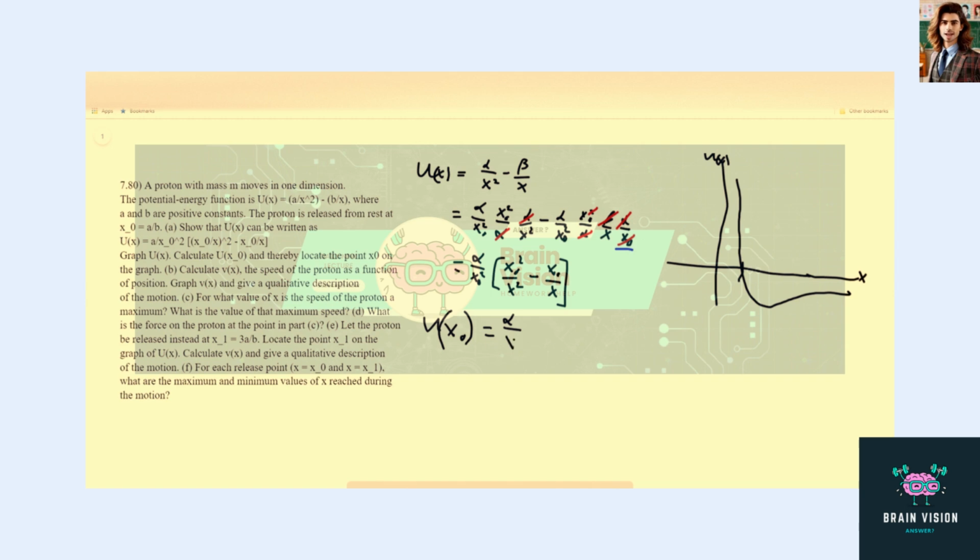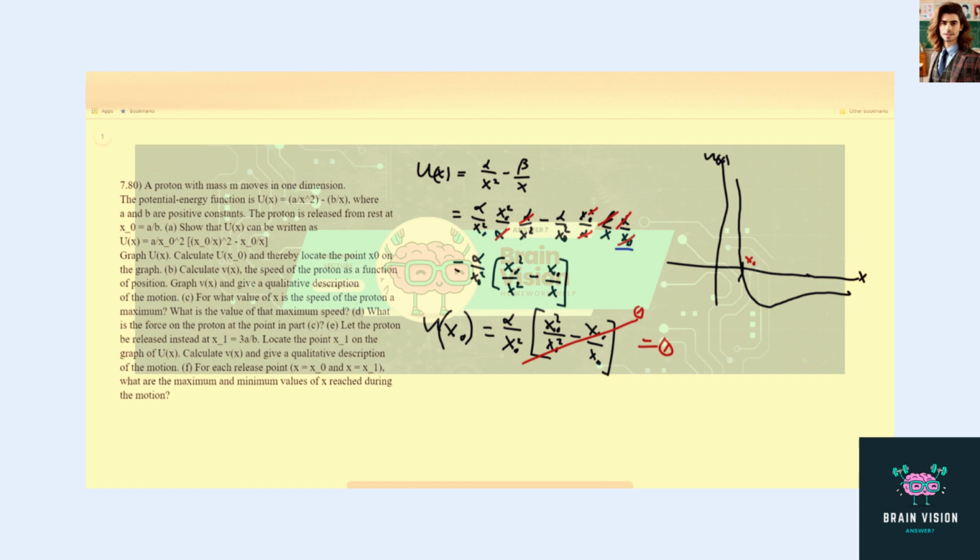So alpha over x squared. You can substitute in x is equal to x naught squared, minus x naught over x naught. And that's 1 minus 1. That's 0. This whole term is 0. And that means that at x sub 0, u is equal to 0. So this point is x0.